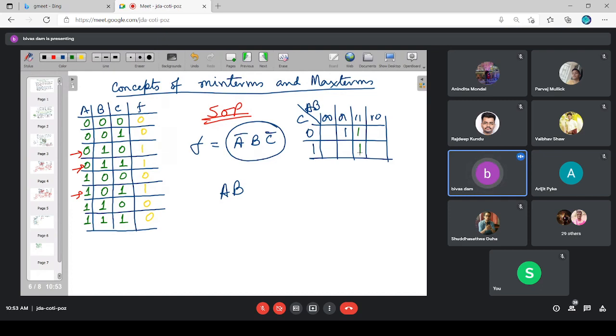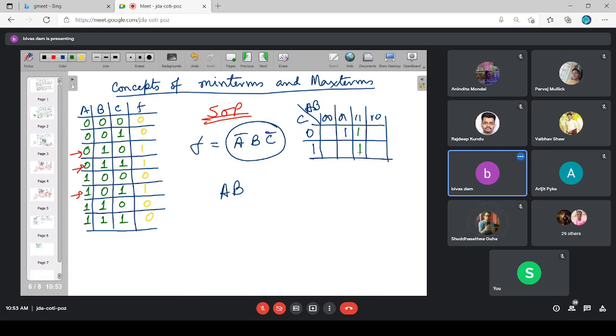Due to that product term, only a single cell in the Karnaugh map will get occupied by logic 1. Is it clear?